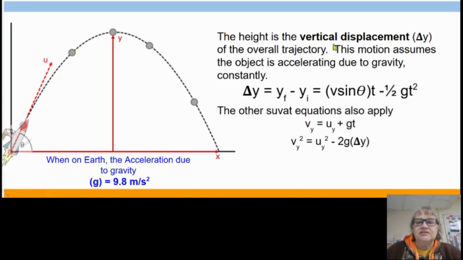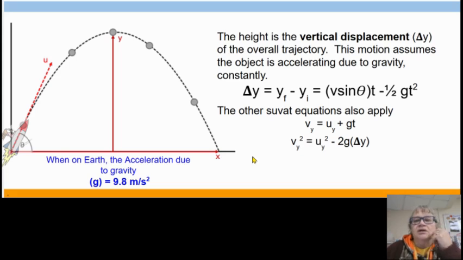So in this case, the vertical displacement is wherever the top of the trajectory is, right where the velocity turns to 0. That's going to be your highest point. And the distance between that point and the starting point, or the ground, is going to be your height.